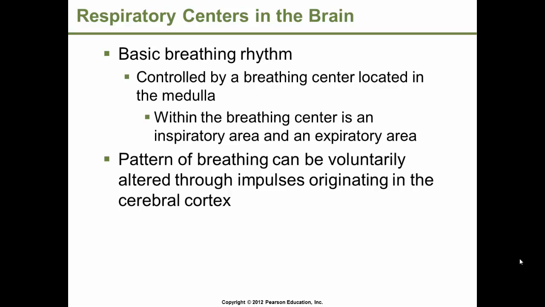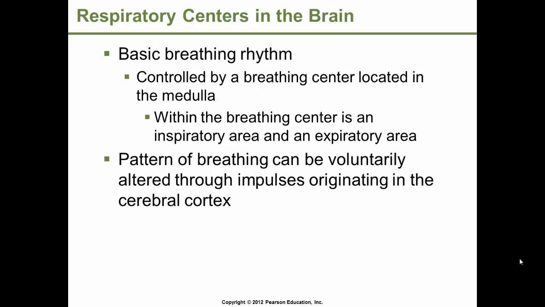The basic breathing rhythm is controlled by the breathing center located in the medulla oblongata. The breathing center has both an inspiratory area and an expiratory area. The pattern of breathing, of course, can be voluntarily altered through impulses originating in the cerebral cortex, which is our conscious area. During quiet breathing, inspiratory neurons are active.